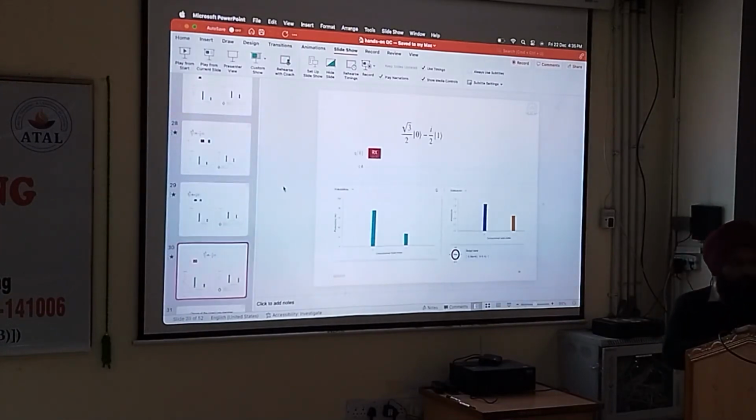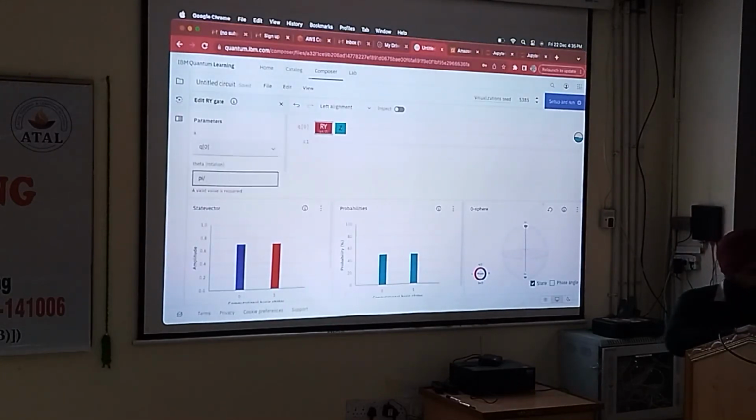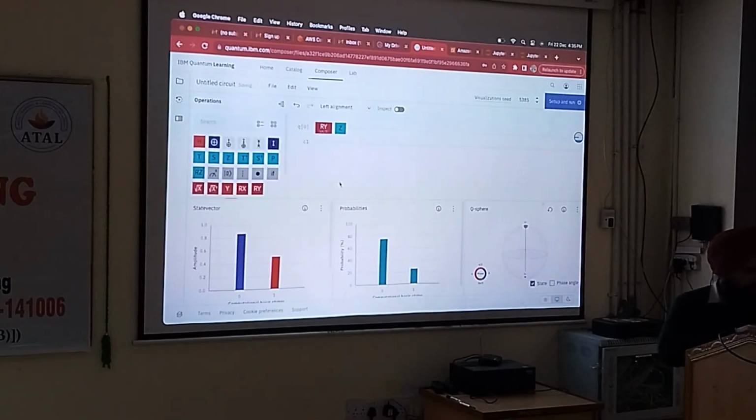If you use the negative, this changes into another circle. Okay. You change only the phase, with the rotation of y and pi by 3, with the help of the phase gate.